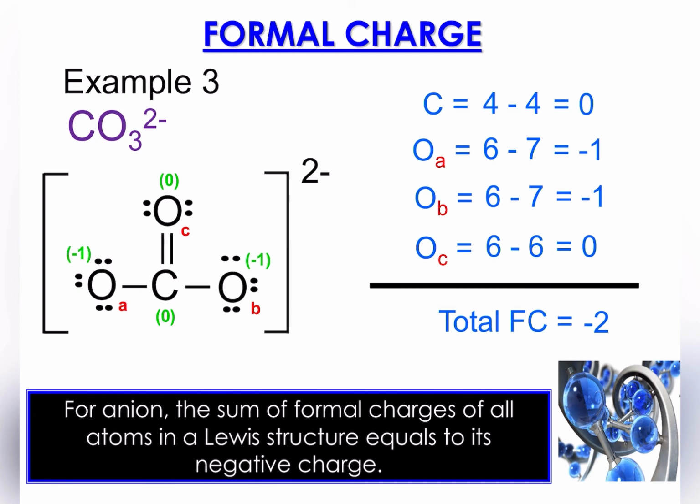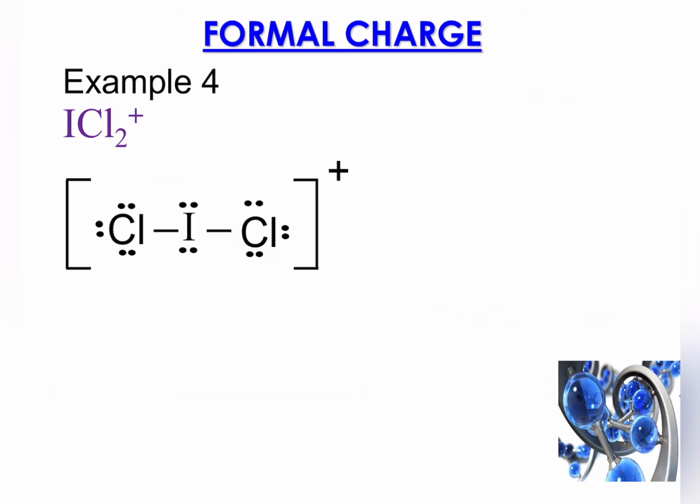Next one, we will go to example 4 where I have ICl2+. So this is the Lewis structure for ICl2+. I already drew for you. And now I'm going to calculate using the same simple formula based on all items around that specific atom.